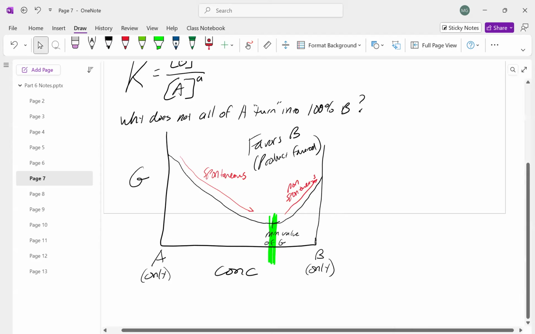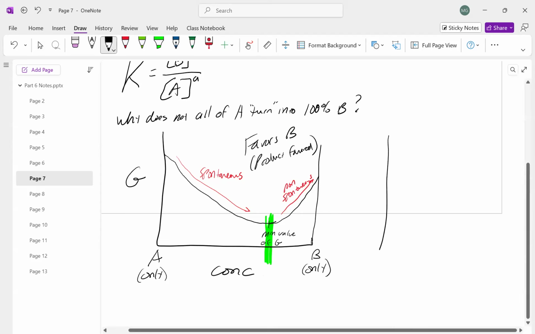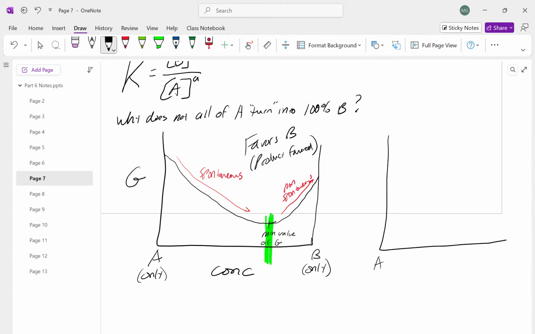If that minimum value were closer to A, so something like this, so that minimum value here is closer to A, then we would say that it favors A, or is reactant favored.